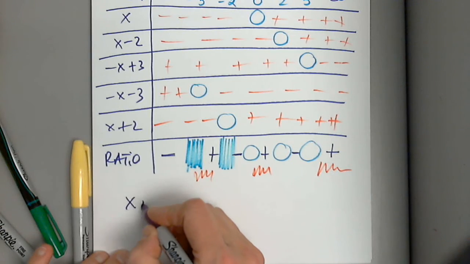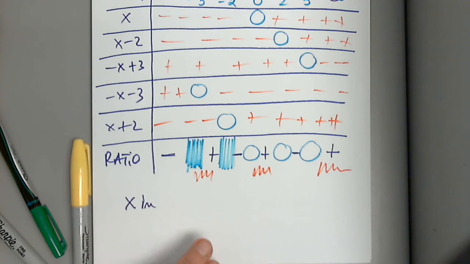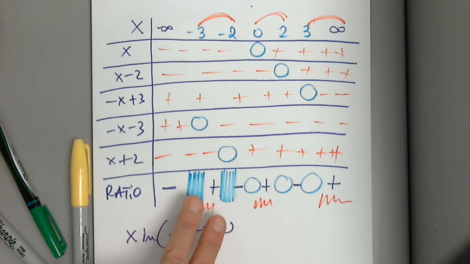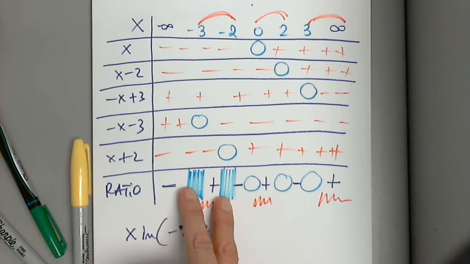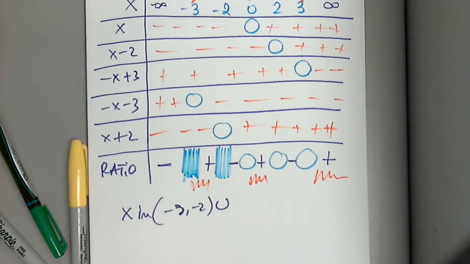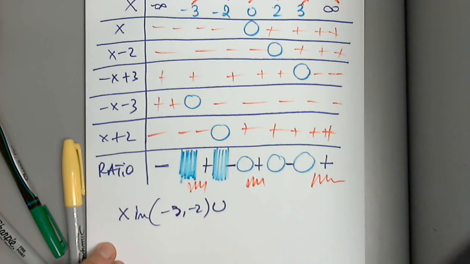So solution, x in the interval. Parentheses, -3, -2 plus x. Can anyone explain why we use parentheses? We have the equal symbol here. Why do we use parentheses around -3 and -2? Because it's undefined.